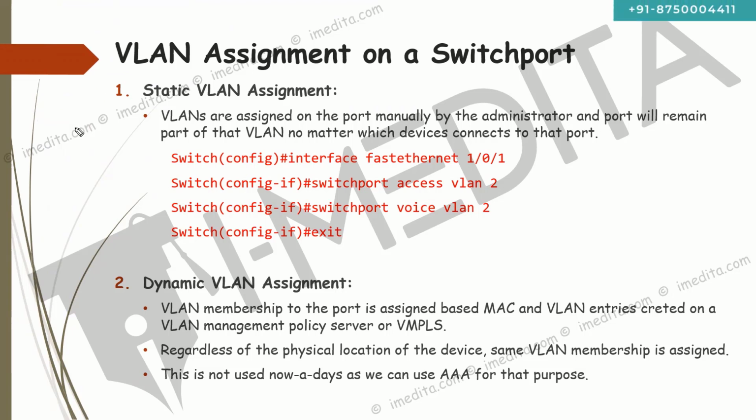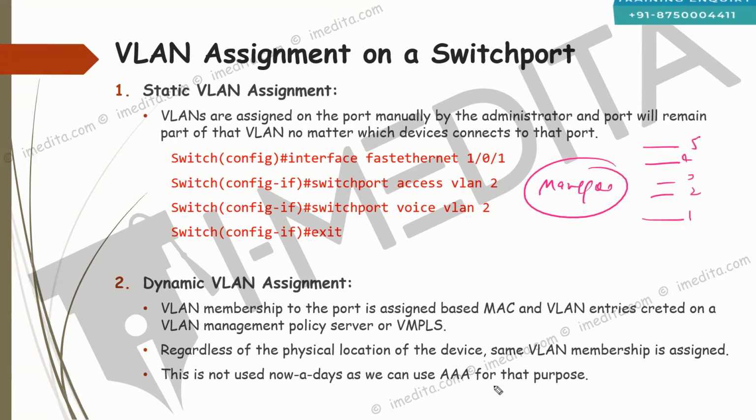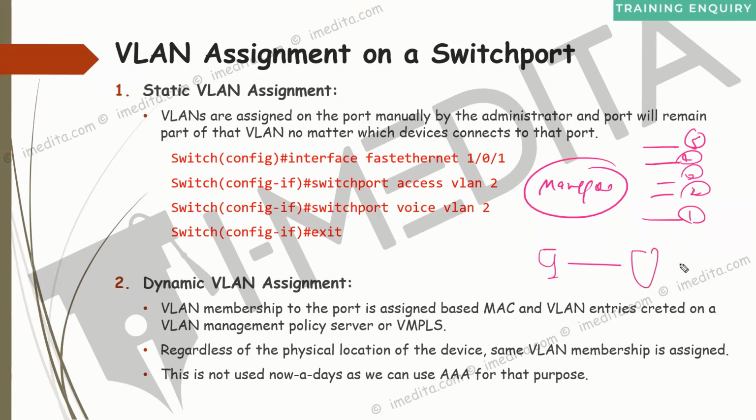But if the users are moving from one location to another, let's say there is a manager, and that manager has access to all the floors in the company: first floor, second floor, third floor, fourth floor, fifth floor. This manager can go onto any floor. It can connect its machine to any switch on all these five floors.